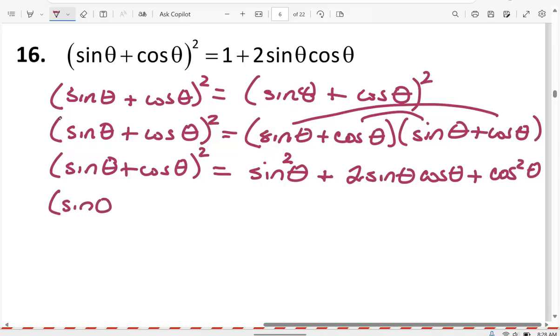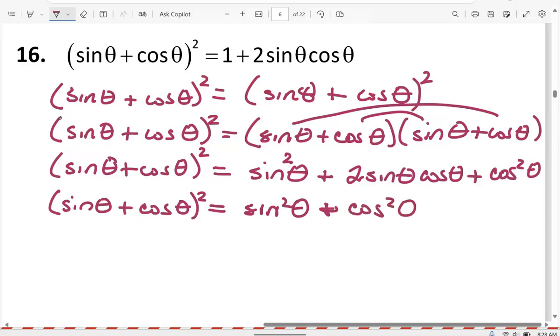And now we're going to leave that left side alone. Sine of theta plus the cosine of theta squared is equal to, and I'm going to change the order of the terms on the right side to sine squared of theta plus cosine squared of theta plus 2 times the sine of theta times the cosine of theta.